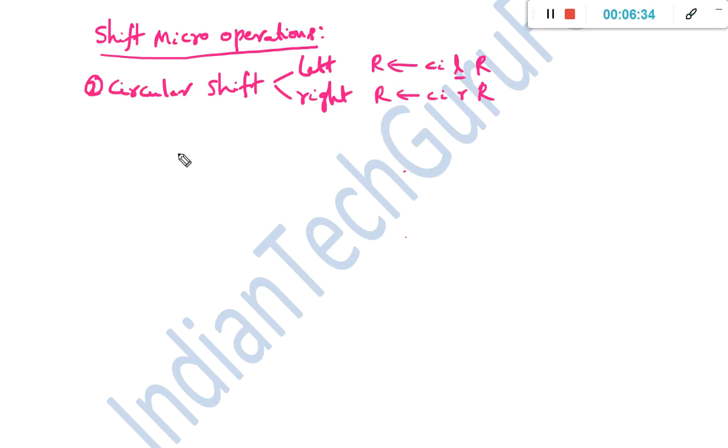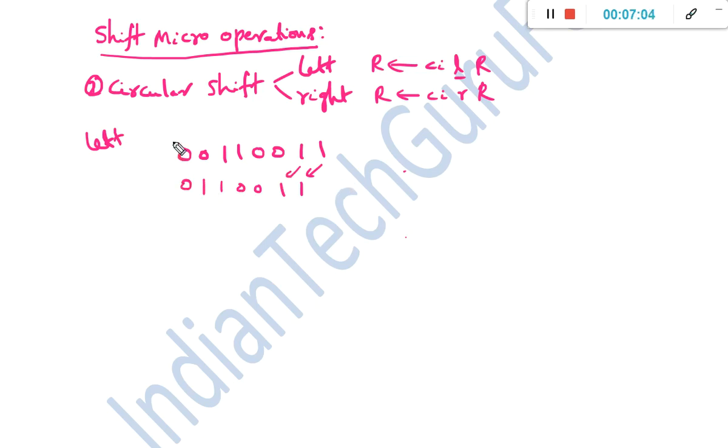For that also let me take the same example, 0 0 1 1 0 0 1 1. First let us consider the circular left shift operation. It is carried out in the same way as the normal logical left shift operation. So this one comes here, this one comes here, 0 0 1 1 0.